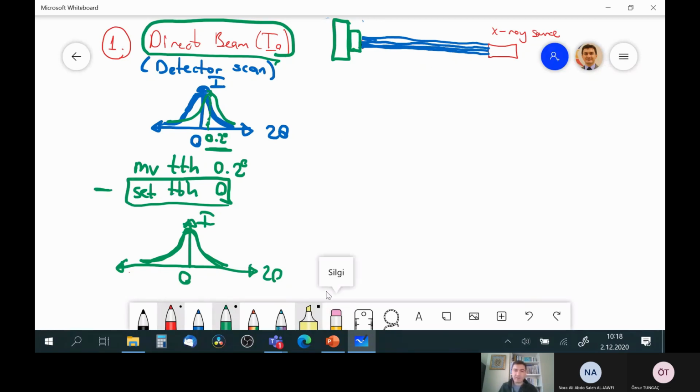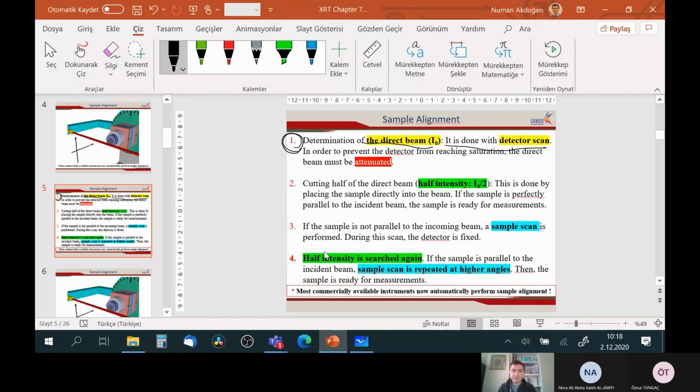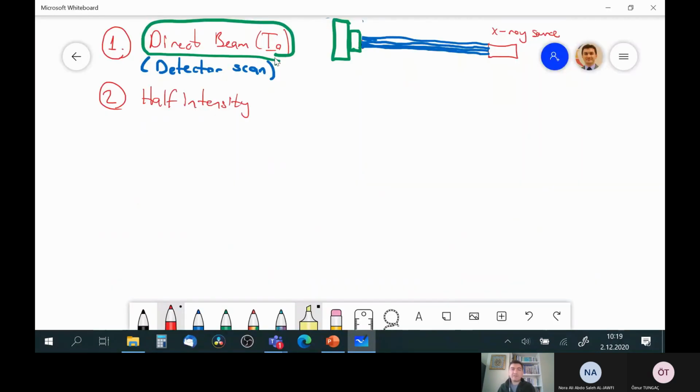Now the second step. The second step is cutting half of the beam, half intensity. This is the full intensity I0, the direct beam, and we need half intensity. So how to cut half of the intensity? Here again, the detector is staying here.